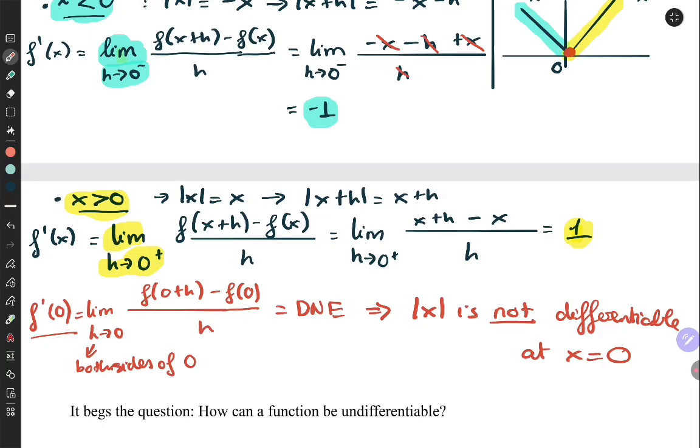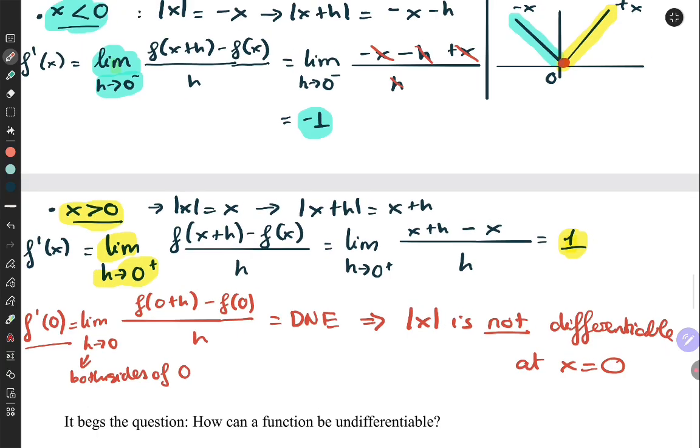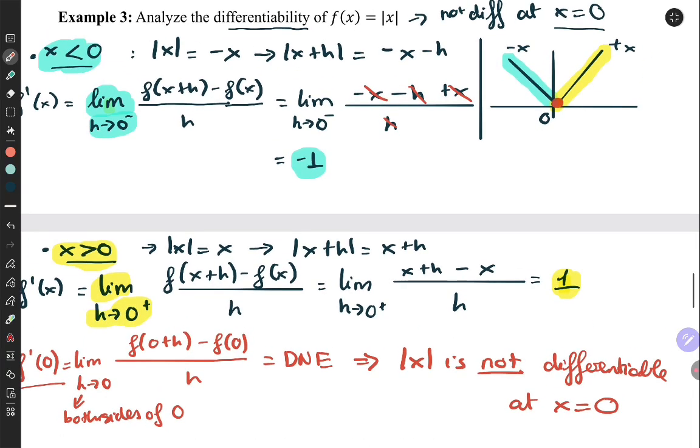If you change like this, or pointy or sharp, those points, even though it's continuous, it's not smooth, then it's not differentiable. That is what happened at 0 right there.